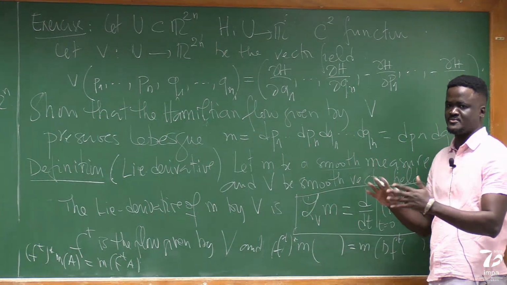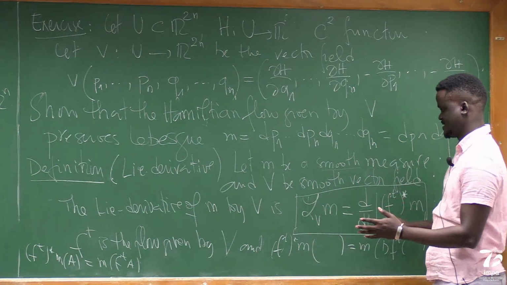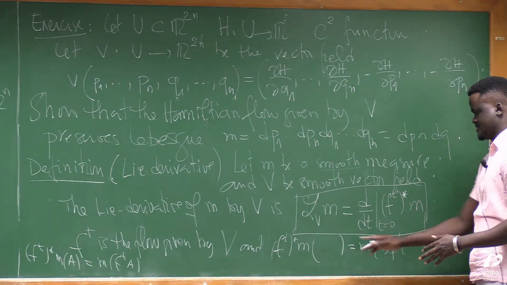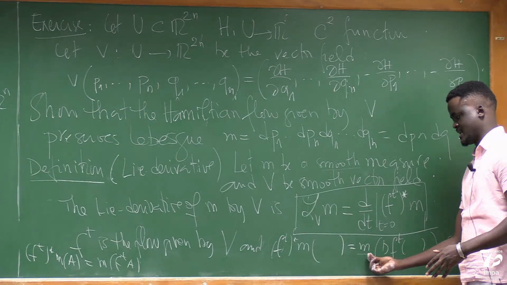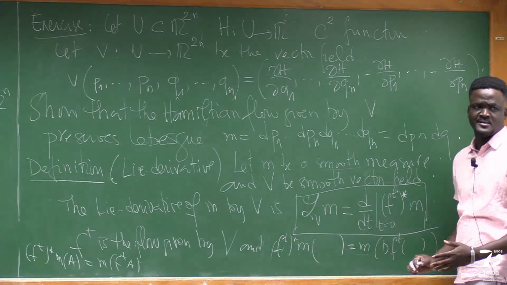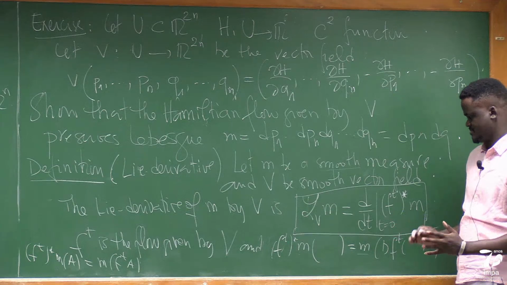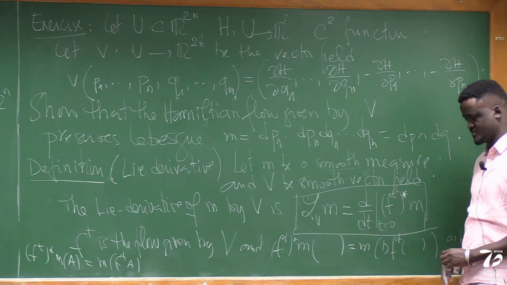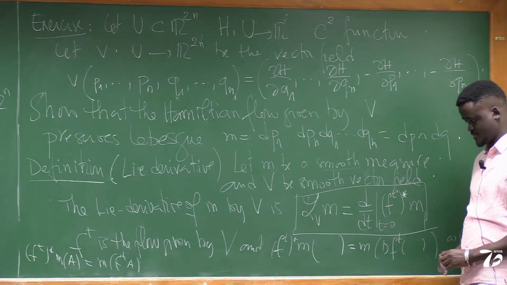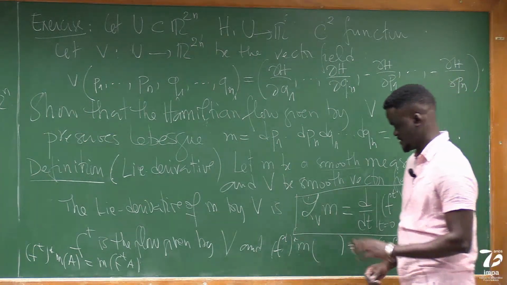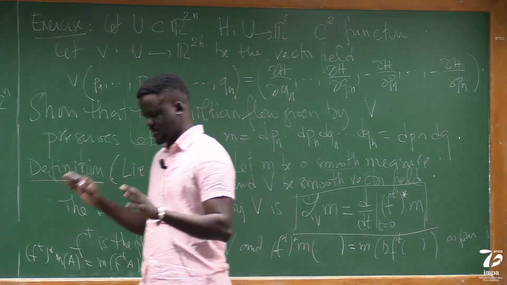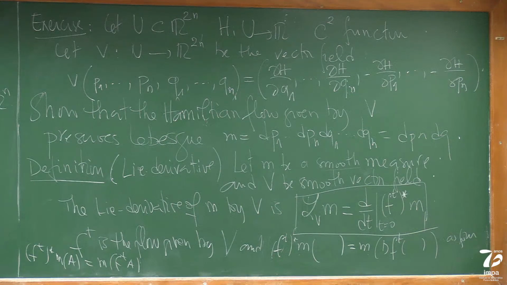For any form, you can consider the Lie derivative, because this definition doesn't see whether M is a top form or not. I don't know how much we know about differential forms, that's why I just do it for the measure, for the top form. The Lie derivative is defined for any form, but here we are just interested in top forms, which define measures.